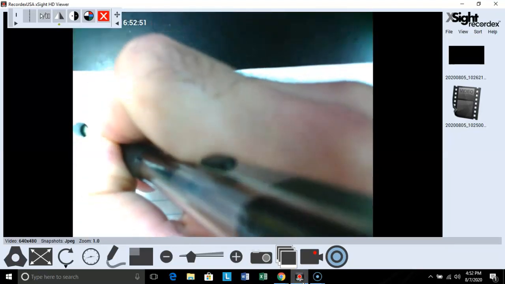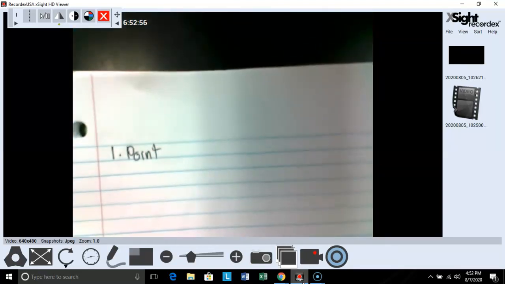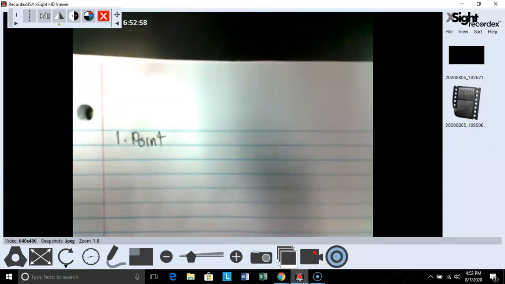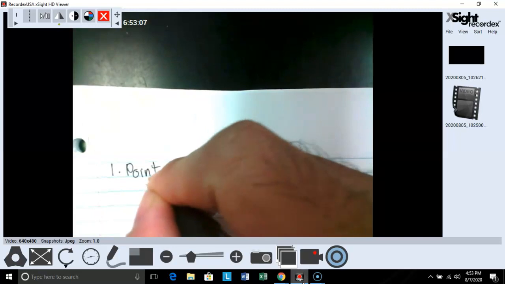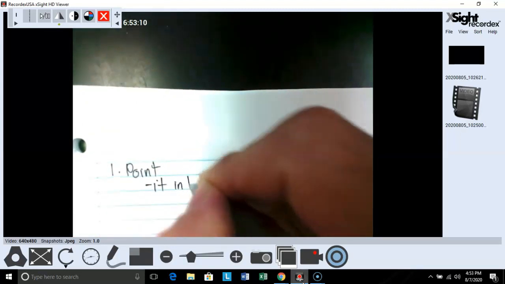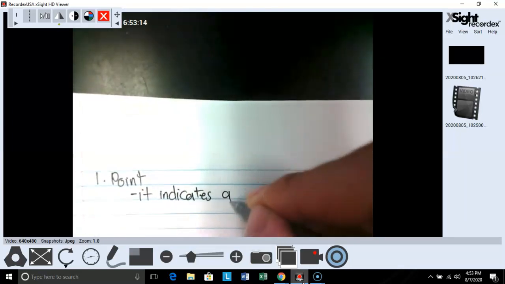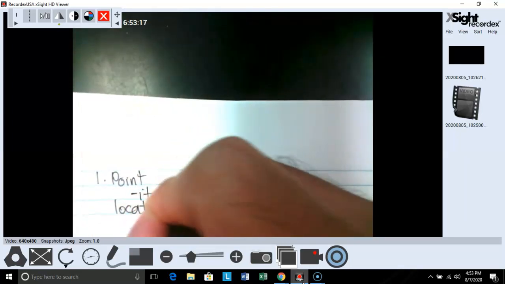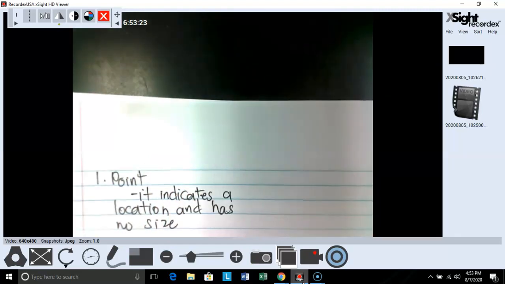So that's going to be number 1. What is a point? A point indicates, by definition, a location and has no size.